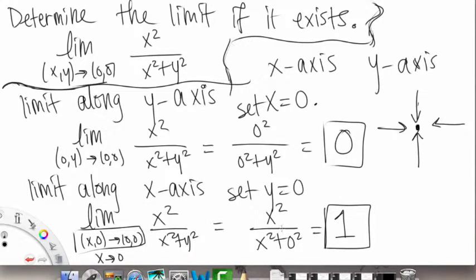So we see here that when we're going to the same point but along different paths, the first path was going this way, and the second path of approach was from left to right on the x-axis.